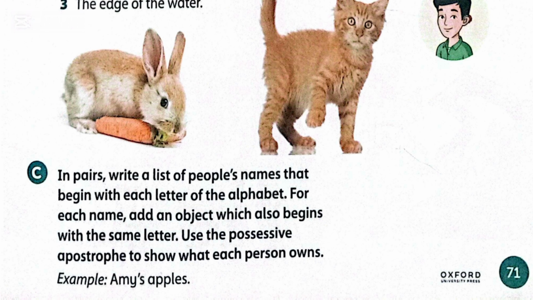Then add an object that also begins with the same letter, and make a possession there. For example, for A, the name starts with the letter A and the object also starts with the letter A, apples. You have to make possession here. Here is the list of people's names that begin with each letter, and also the objects that begin with the same letter, and the possession.